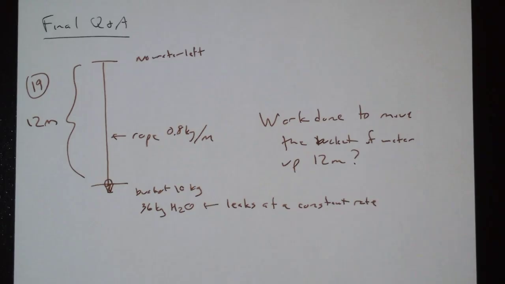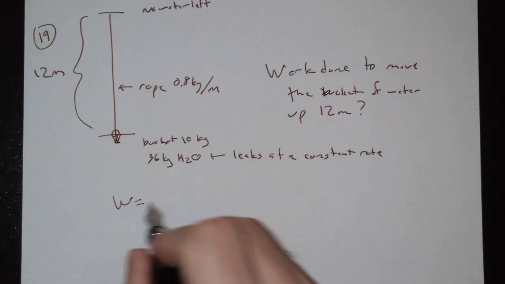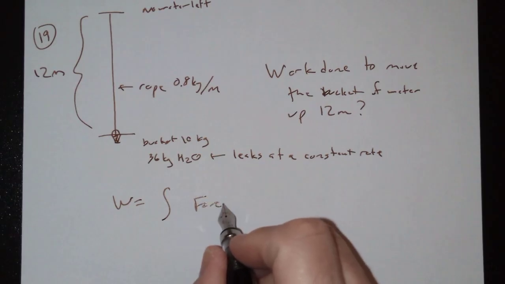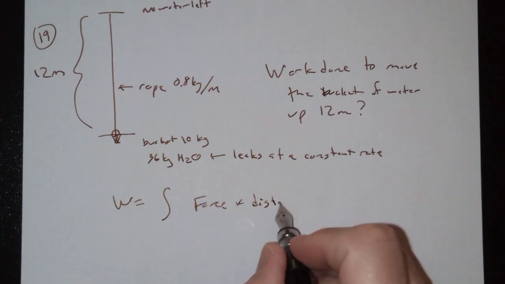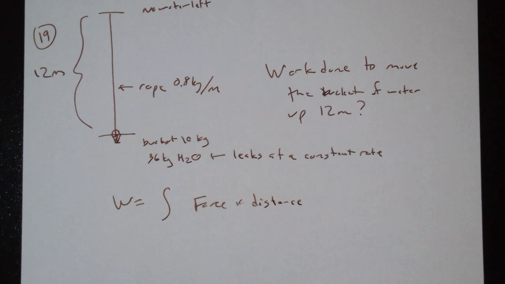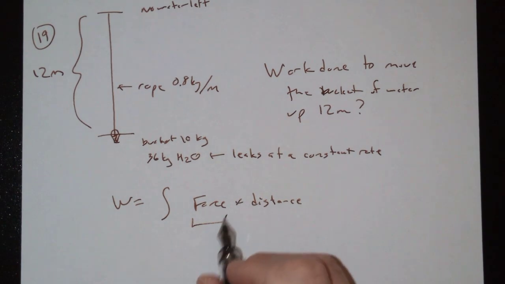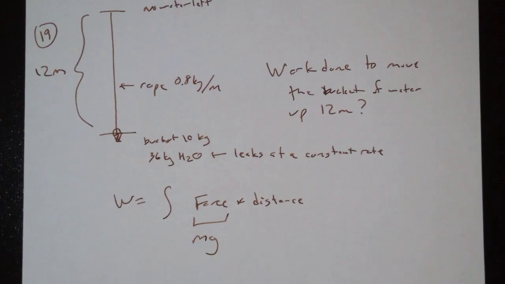If I'm going to do work, work is force times distance. And in our case, because we're dealing with weight and gravity, my force is going to be mass times gravity.